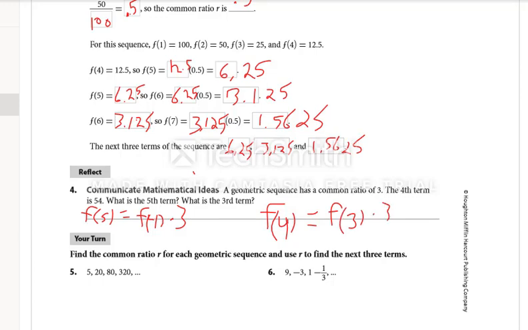So f of 5 is 54 times 3, which is 162. If we want to find our third term, we take 54 and divide by 3, and that gives us 18.